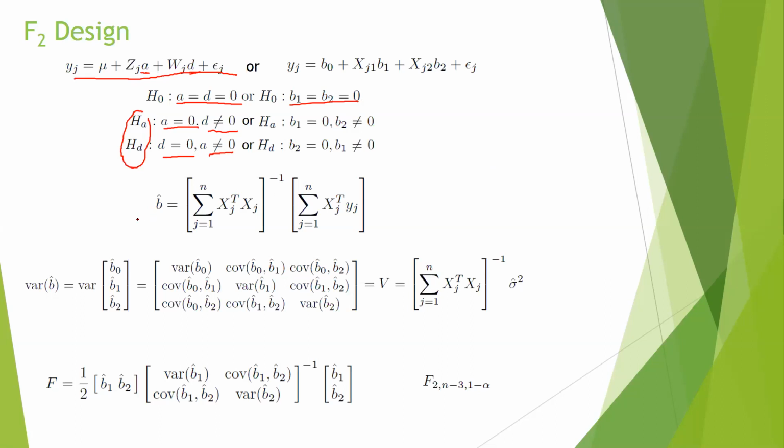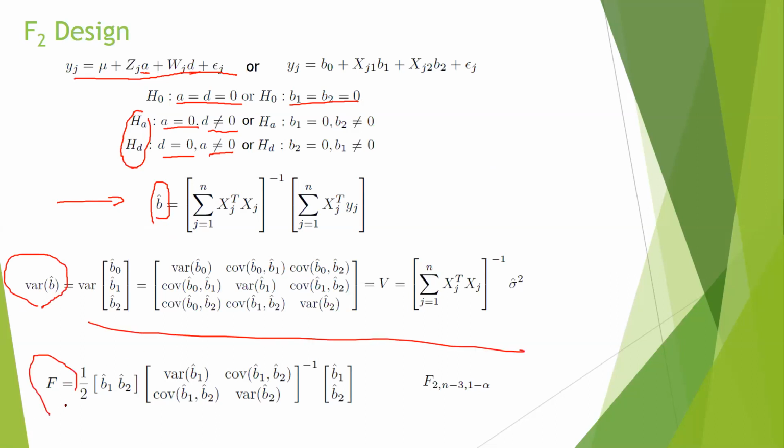So as I mentioned, how do we test this? We use least square estimation to estimate this beta, and we can calculate the variance of this estimation, and then we can construct an F-test to test them both. Now look at here, because how many parameters are we testing? We're testing 2. In backcross, we only test 1.